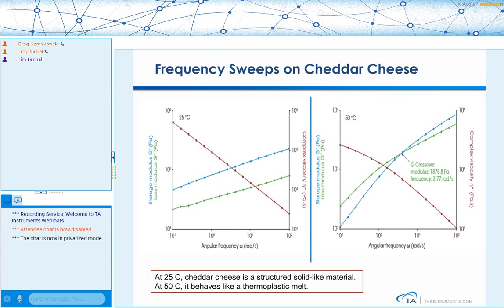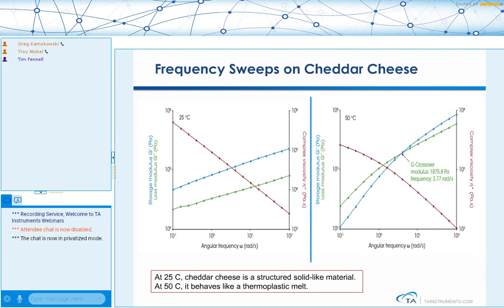This is the typical behavior that we see with cheese at a temperature like 50 degrees C, and this is also the kind of behavior that we see with uncross-linked polymer melts. At the low frequencies, they have lower elasticity than viscous nature, but as we go to higher and higher frequencies, the elasticity begins to dominate over the viscous nature.